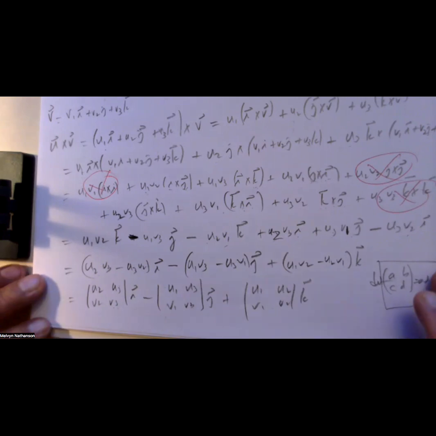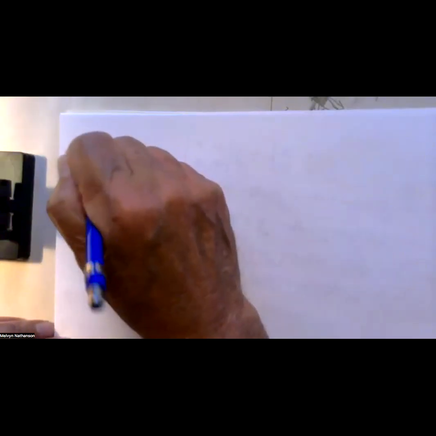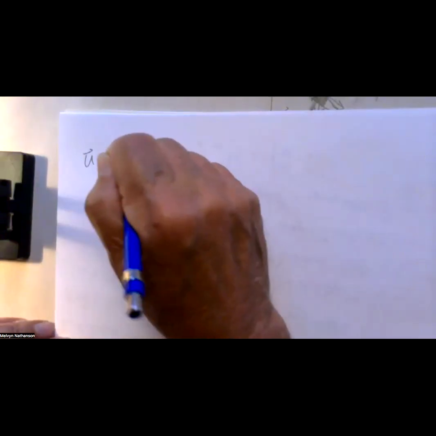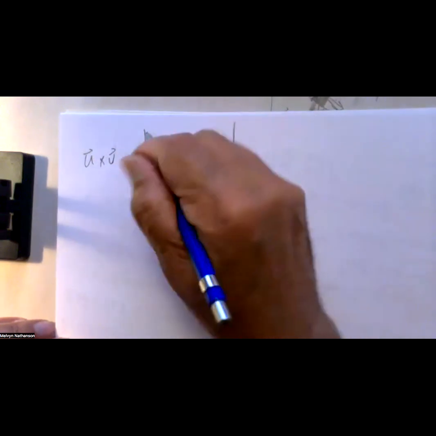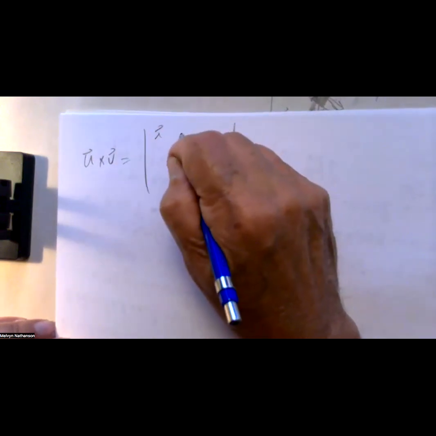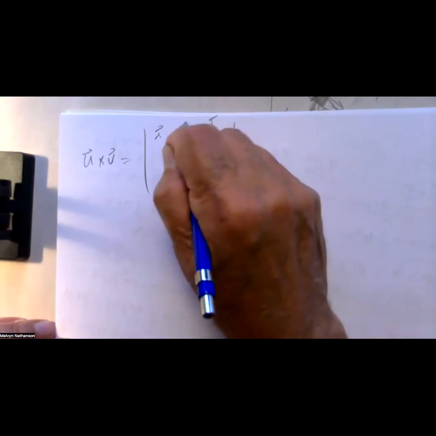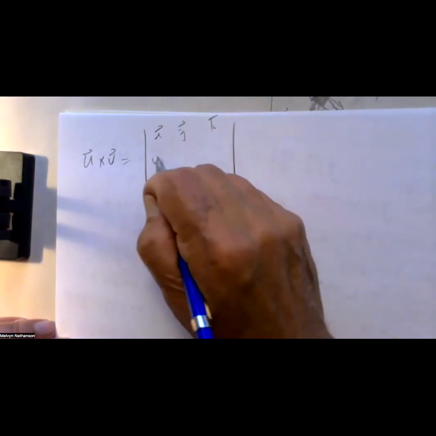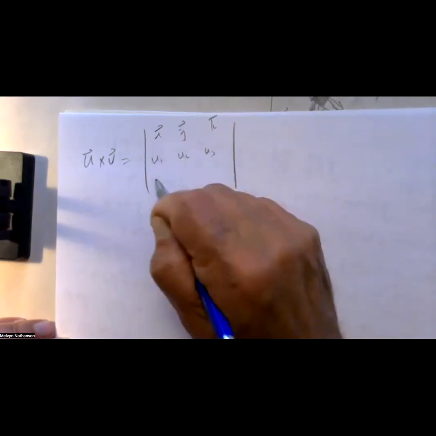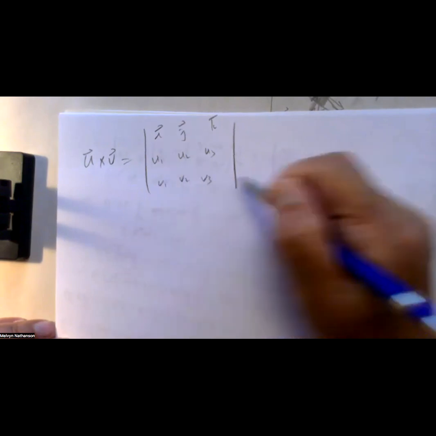And there's one formula that condenses all this, which is that the cross product of two vectors is formally a 3x3 determinant. If you write i, j, k as the first row, then u1, u2, u3, then v1, v2, v3.